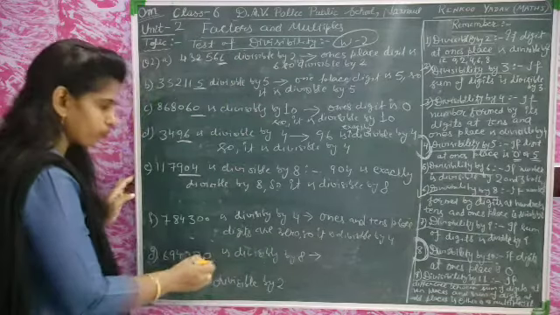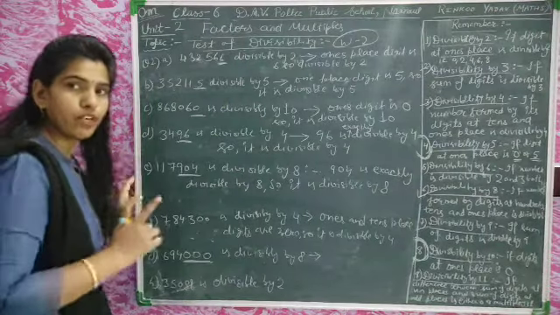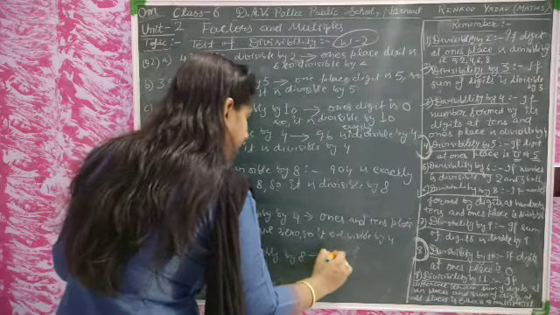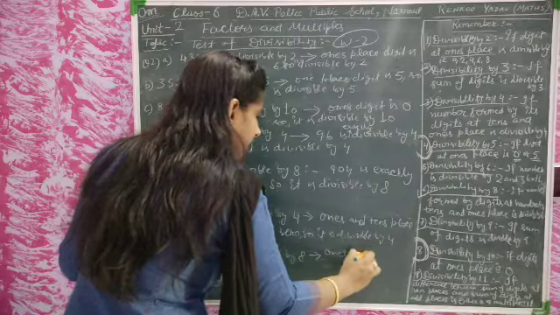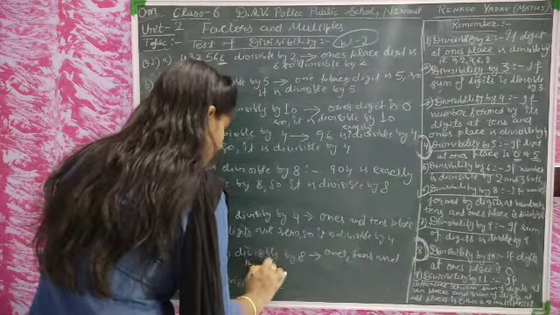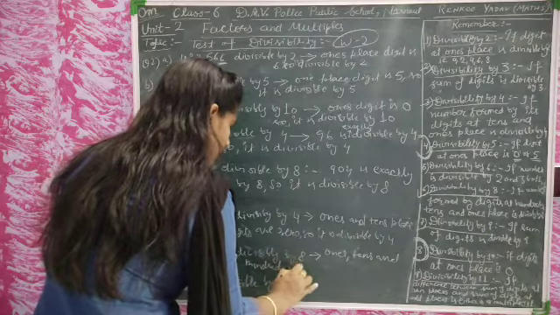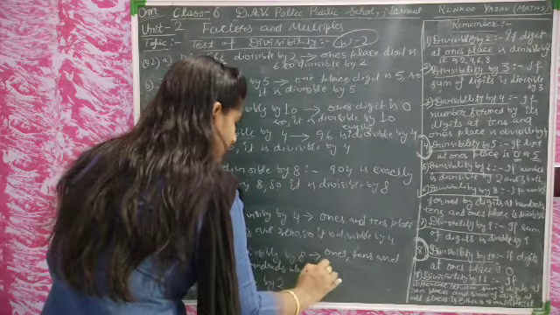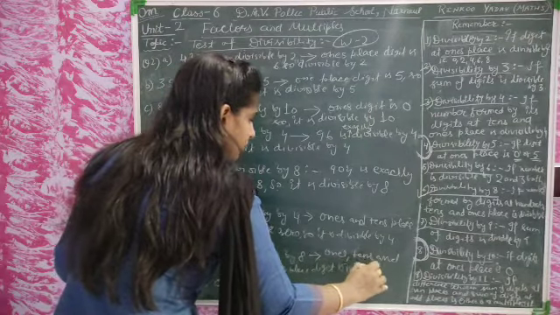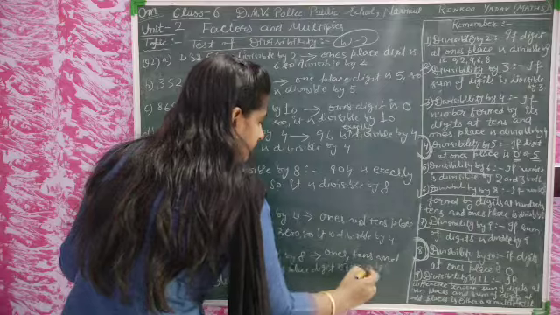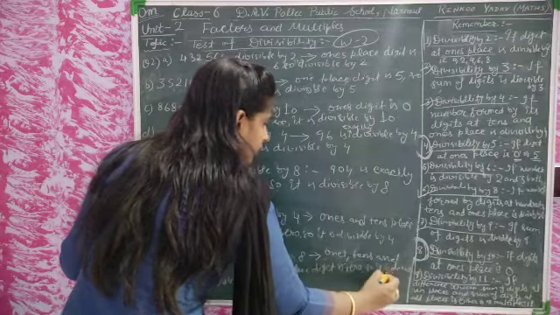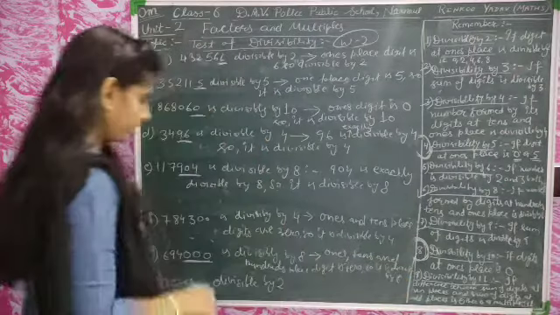If the last 3 are 0, it is divisible by 8. We have done already this rule. Ones, tens, and hundreds place digit is 0. So it is divisible by 8. Is it clear, students?